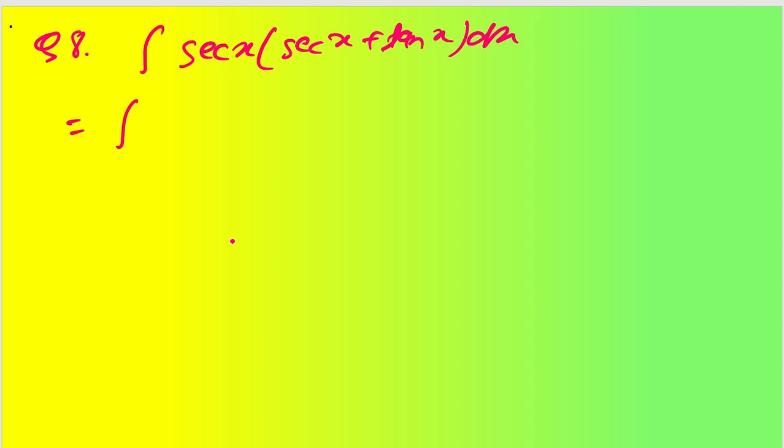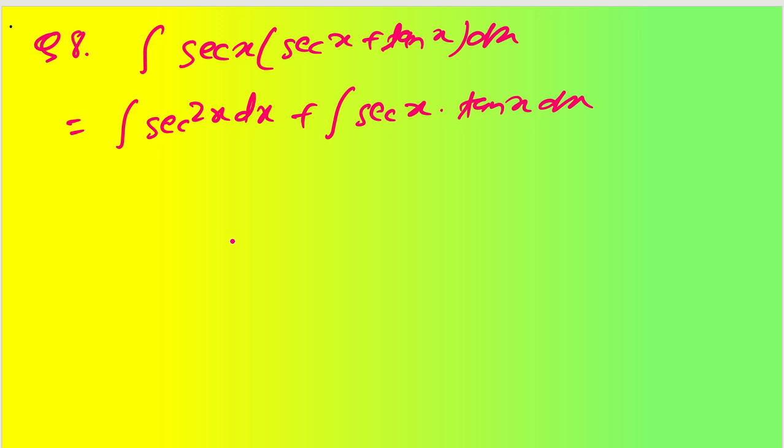So we get integration of sec square x dx plus integration of sec x tan x dx. If you want, you can write it in one step, otherwise you can separate them out, not a problem. You know already sec square x dx is tan x, plus sec x tan x is sec x, plus some constant c.